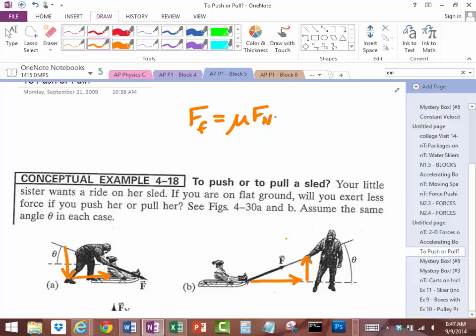Bigger. Down the table, whereas if I pull them up, I'm holding them back. But also I'm decreasing the normal force and adding a little bit of force in that direction. That means that I have to pull.